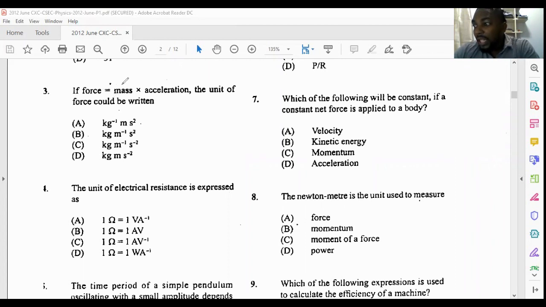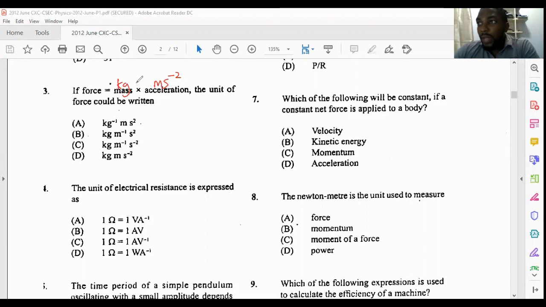Now mass, as you know, the SI unit of mass is kilogram. And acceleration, when we talk about acceleration of a moving body, it is measured in meters per second squared. So these are the SI units of these two quantities, mass and acceleration.